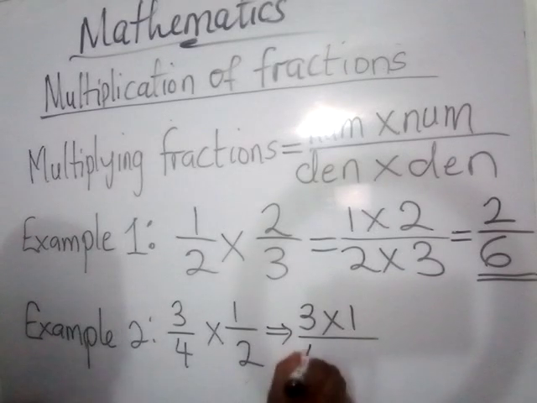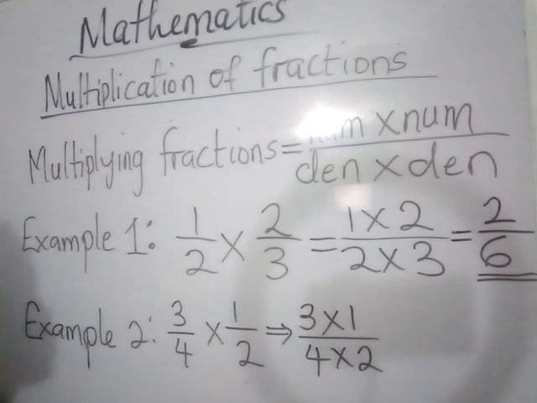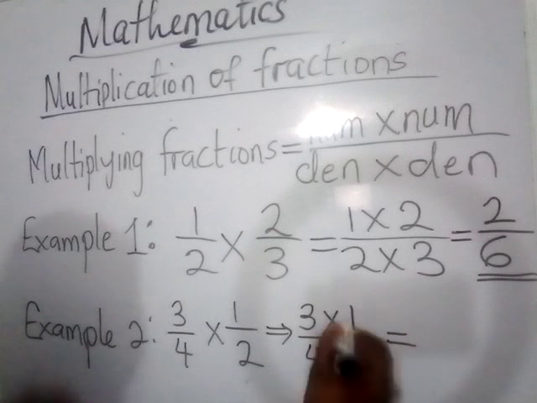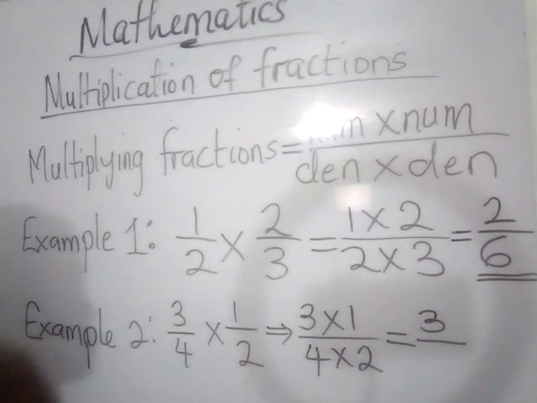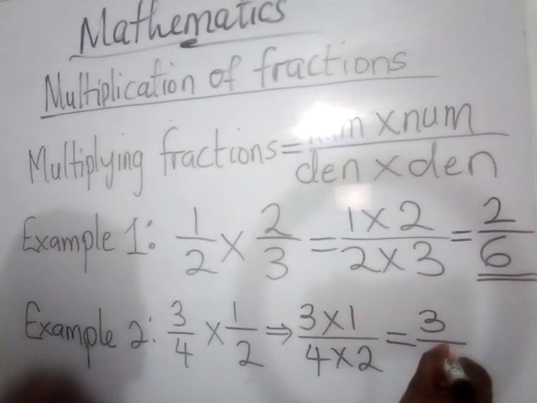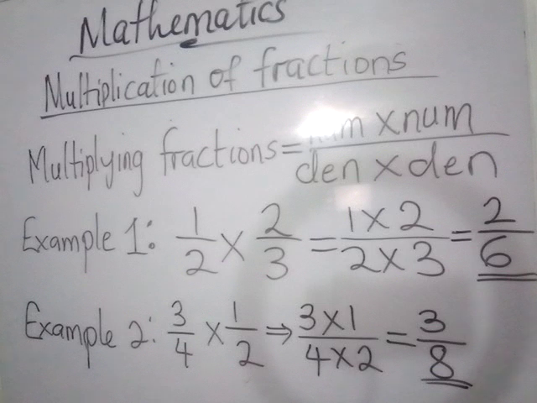The first denominator here is 4 and the second denominator is 2. So you have 3 times 1, that is 3, rule your horizontal line, and 4 times 2 is 8, and that is your answer. It's as simple as that.